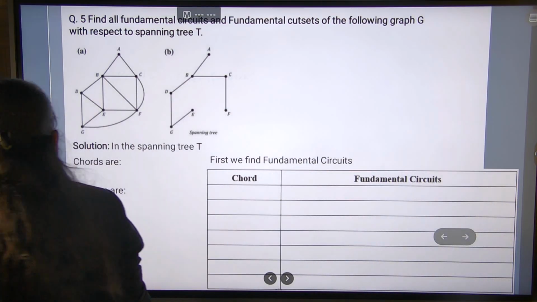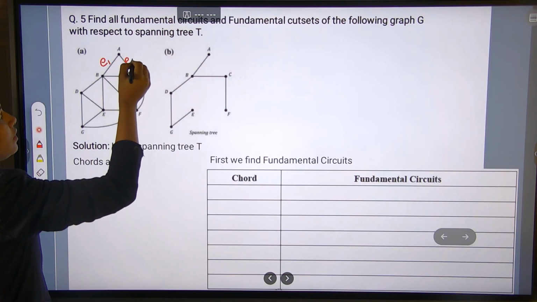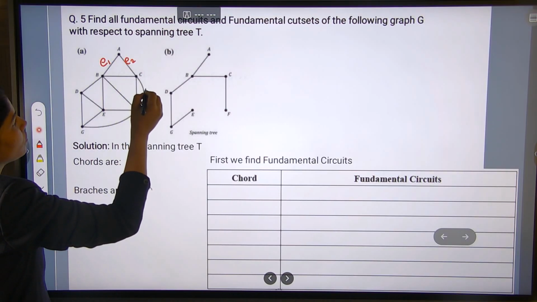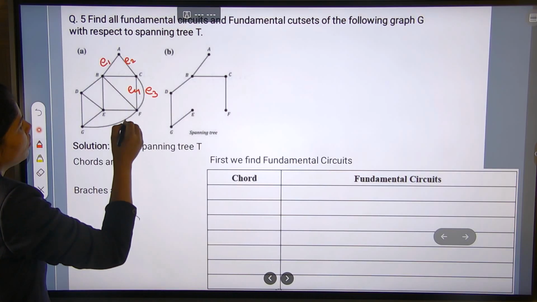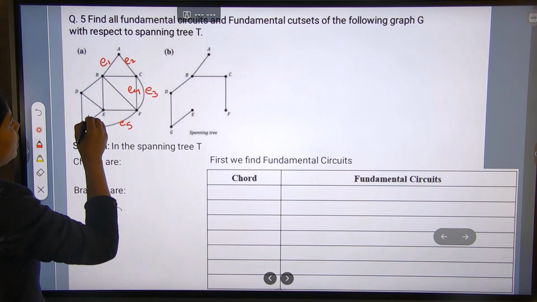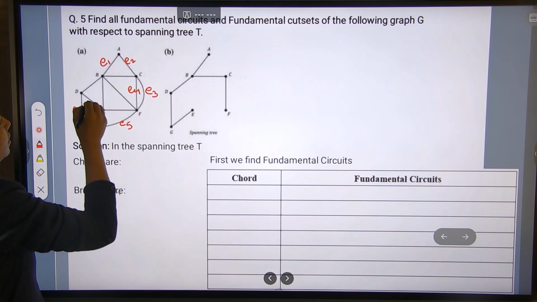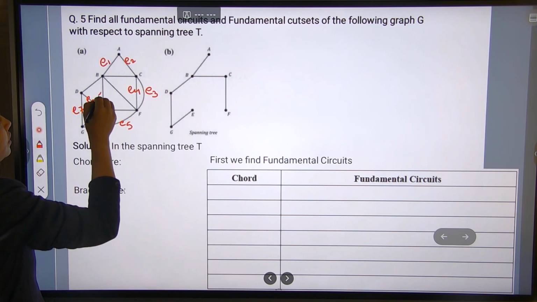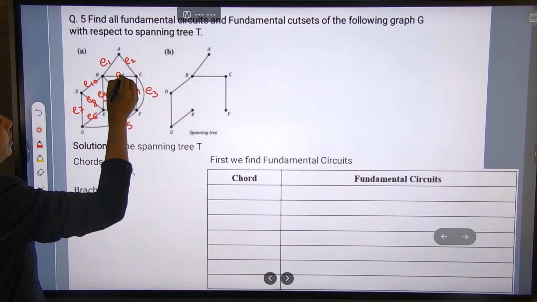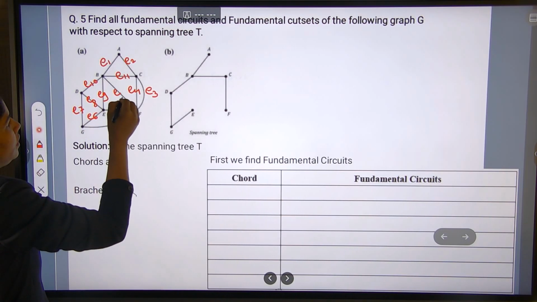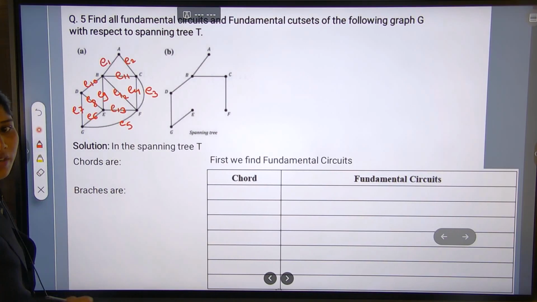So write down the edge names: E1, E2, E3, E4, E5, E6, E7, E8, E9, E10, E11, E12, E13. So there are 13 edges.